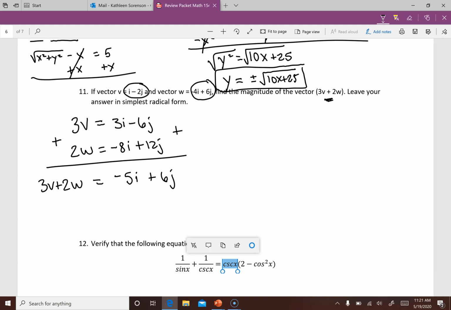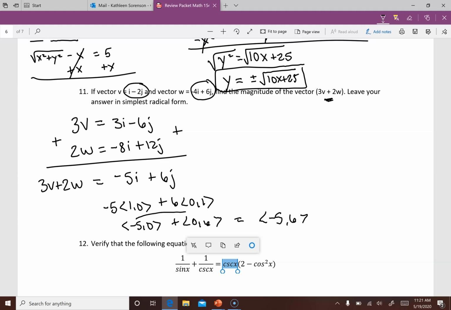Well, what is that? A negative 5i is negative 5 times 1, 0, plus 6 times 0, 1. Well, that's going to become a negative 5, 0, and a 0, 6, which does become a negative 5 and a 6, because I'm just adding negative 5 and 0 to get there, and 0 and 6 to get here.